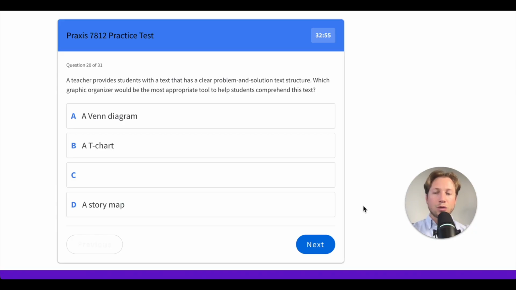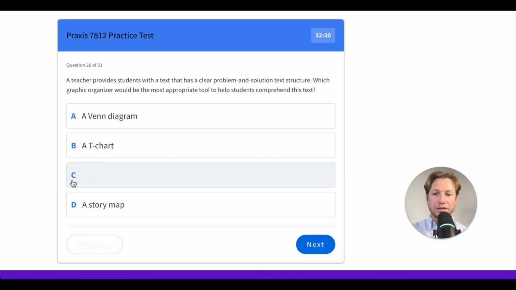This question asks, a teacher provides students with a text that has a clear problem and solution text structure. Which graphic organizer would be the most appropriate tool to help students comprehend this text? Is it a Venn diagram, T-chart, story map?